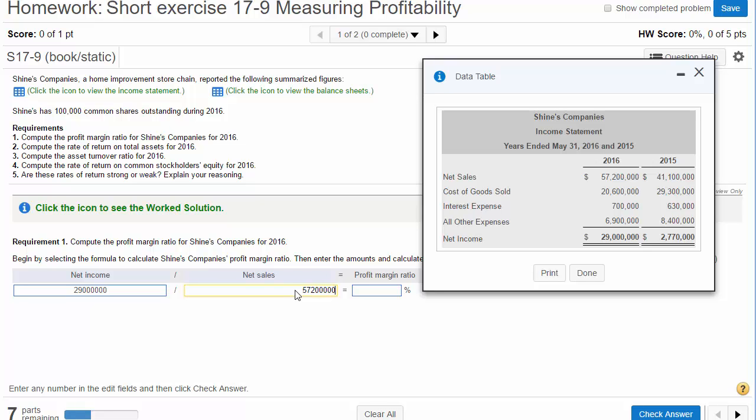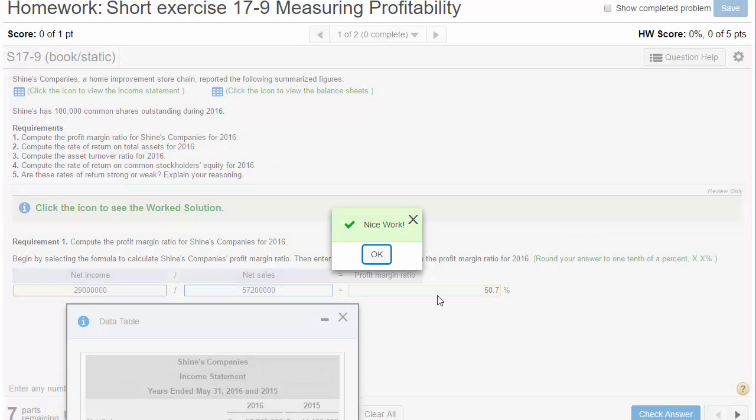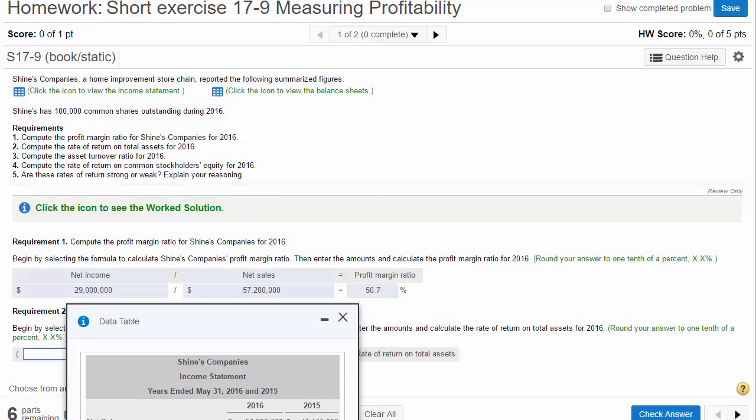And when we do the math, we end up with 0.507, but we have to multiply by 100 to convert it to a percentage, and that gives us 50.7. Before we rounded, we get 50.699, but they want us to round to 1 decimal.